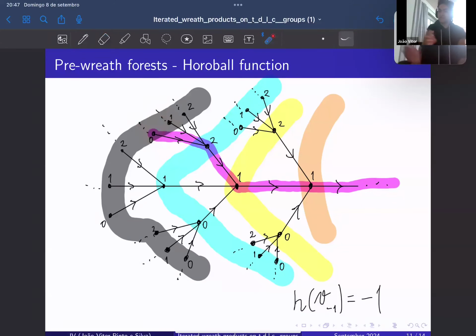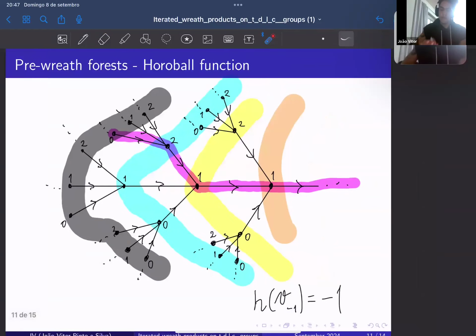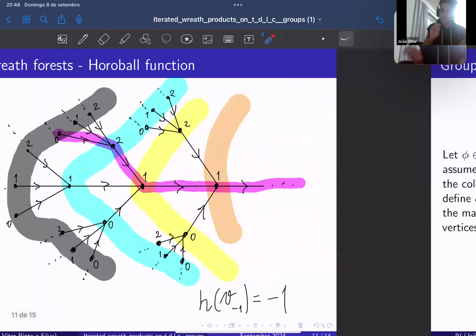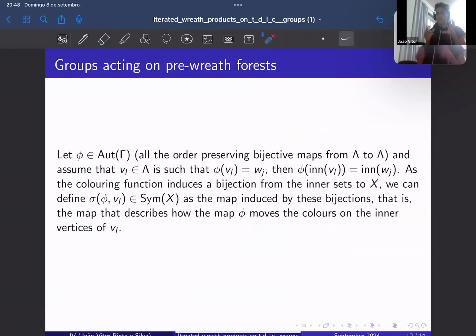With these 3 definitions, we can start talking about how automorphisms of these ordered forests will act on the vertices of these trees. So let phi be an automorphism of it, and let's say that VL is an element of our tree, right?